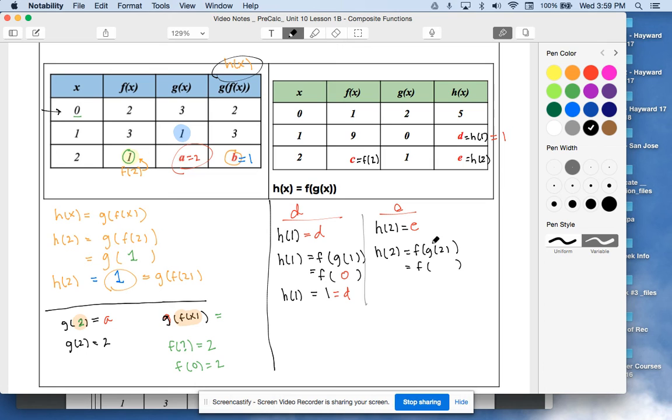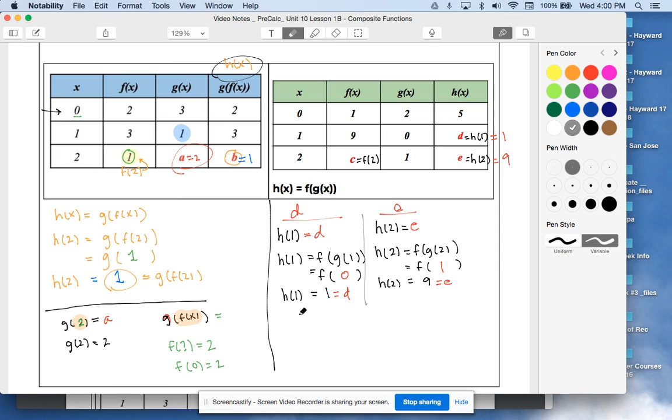For g of 2, we look at our g function, our input is 2, our output ends up being 1. So we write 1. Now we're going back to our f function. We look at this column, and our input is 1, and our output is 9. So that means we get 9. Remember, all of these are equal to h of 2, which is the e value that we're looking for. So we stop here. Our value for e is 9.